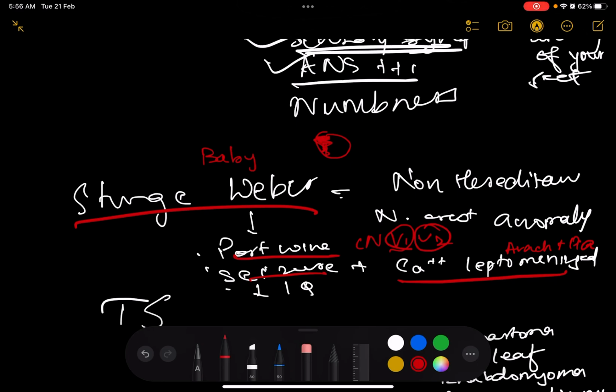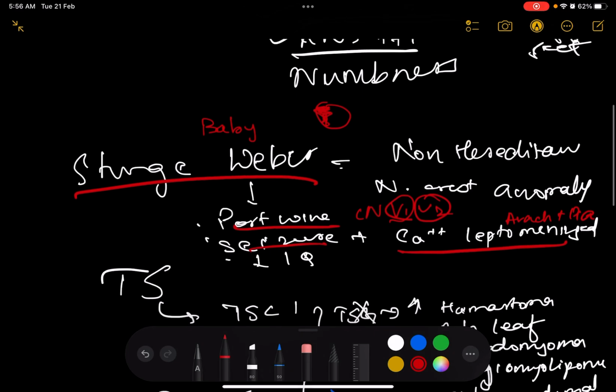Second, there is intellectual disability. Because it's a non-neoplastic vascular malformation, you could also consider that there could be an episcleral hemangioma.